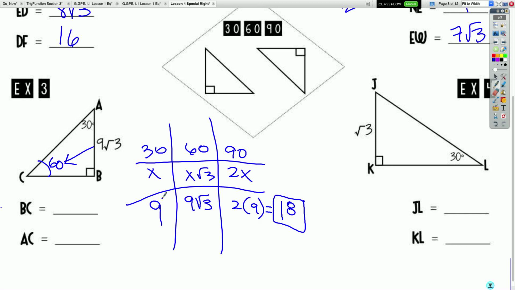So just draw your arrows. The one across from 30.